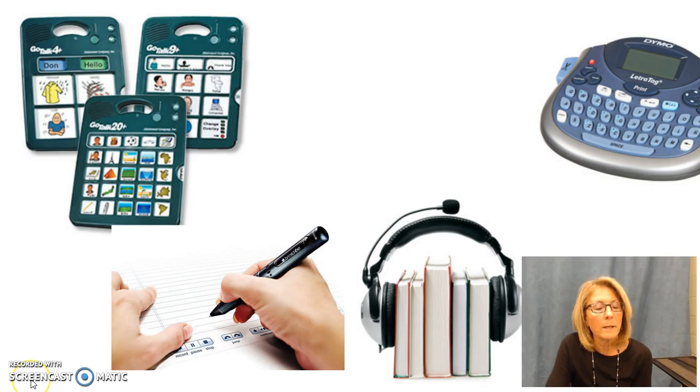As we move up the scale to some mid-tech items, we're looking at things like label makers and audiobooks potentially, maybe some auditory note takers, some mid-tech communication devices for our students who struggle with verbal skills.